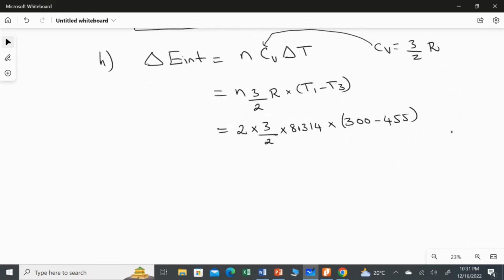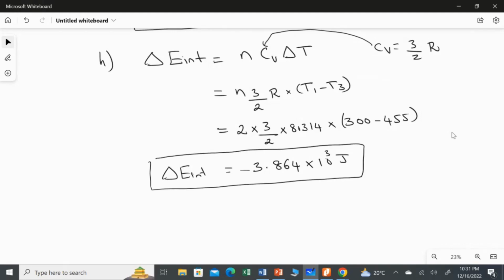I got the answer for the change in internal energy as minus 3.864 multiplied by 10 to the power 3 joules. So this is the answer for this part.